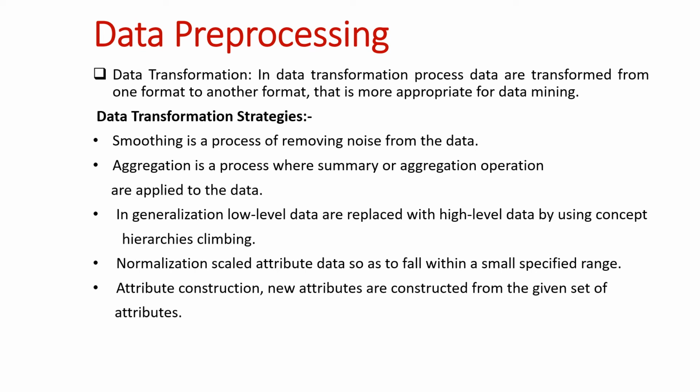Next is generalization. In generalization, the low-level data are replaced with high-level data by using the concept of hierarchy climbing. Next is normalization. Normalization scales attribute data so as to fall within a small specified range.